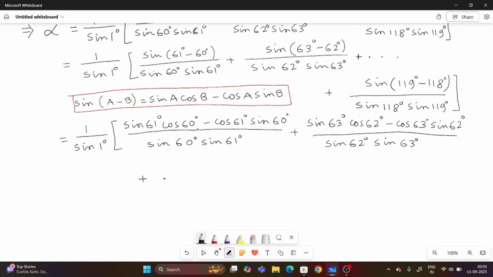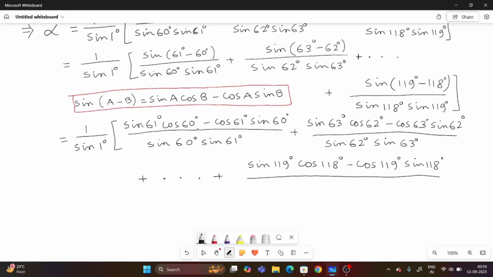Continuing, the last term becomes sin 119 into cos 118 minus cos 119 into sin 118, divided by the denominator sin 118 into sin 119.